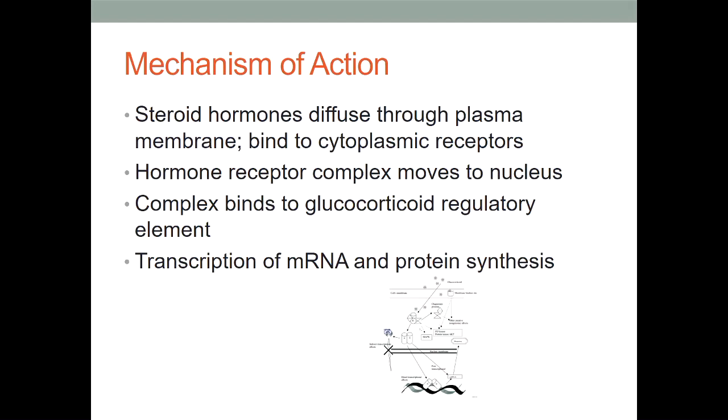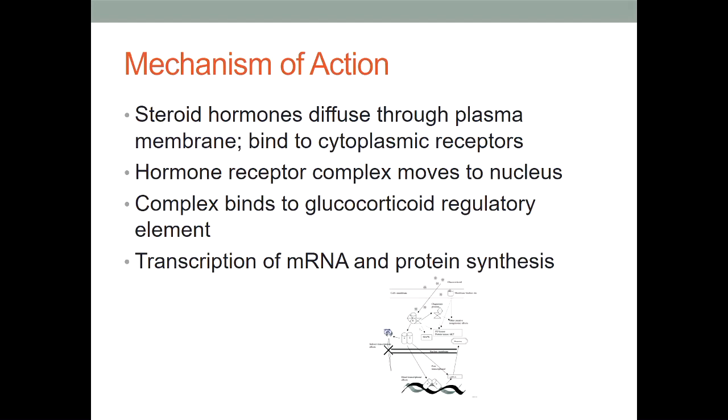So they can go through the cell membrane, get into the cytoplasm, and bind to cytoplasmic receptors, and then they have a protein that helps them bind to the regulatory areas so that they can cause DNA transcription. They make proteins.